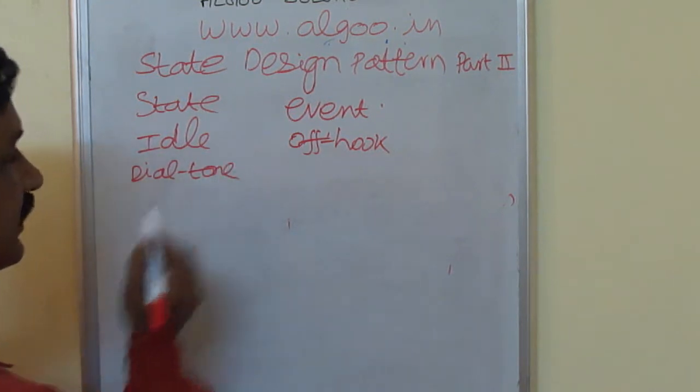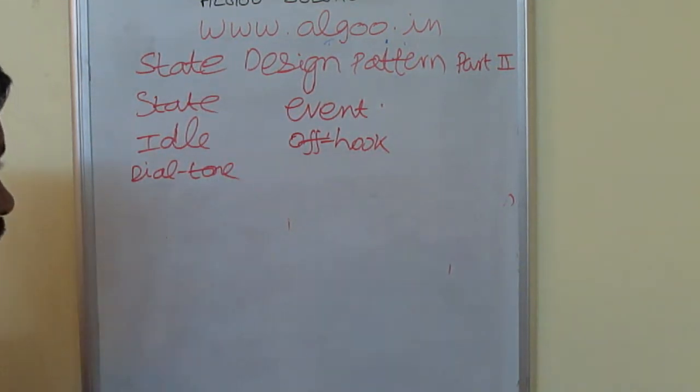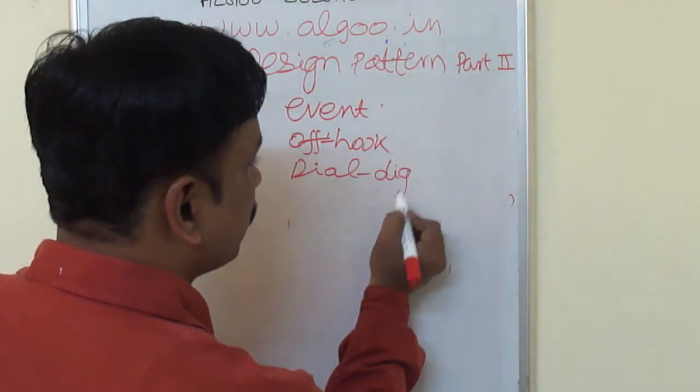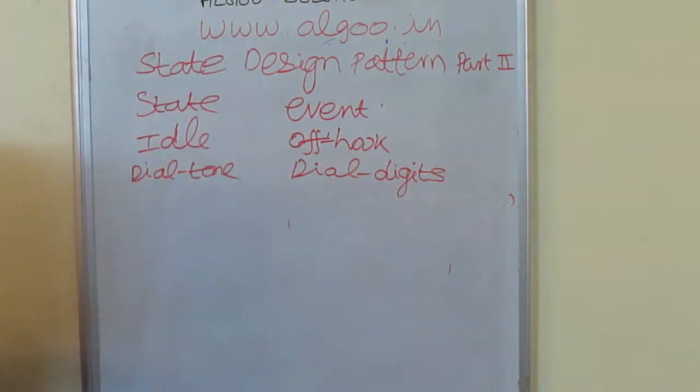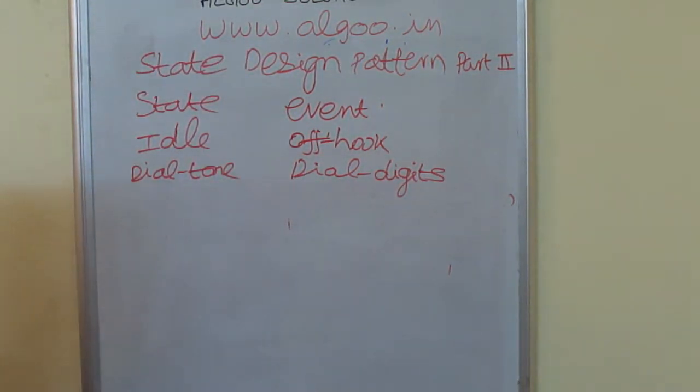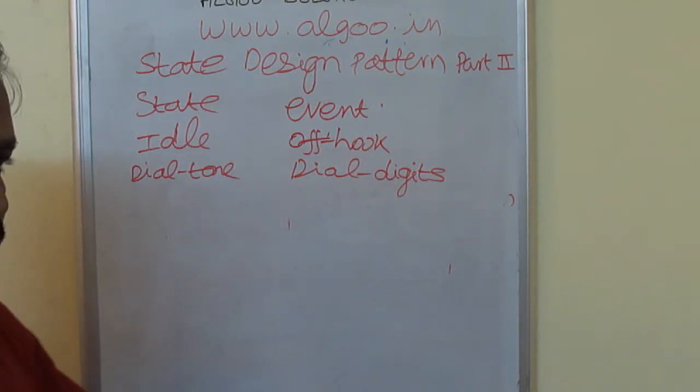Dial tone is a state, right? Once you are in dial tone state, you dial the digits. You are doing some act, you are producing an event by dialing the digits. Once you dial digits, there is a ringing on the receiver side.